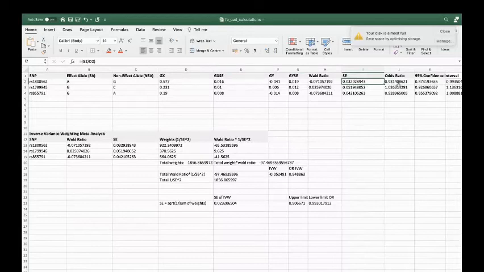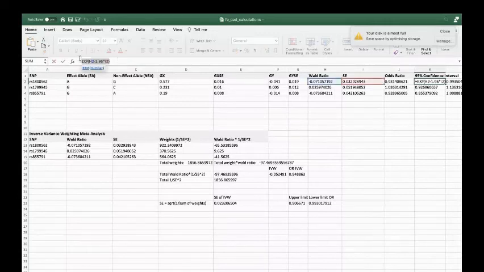And then we can calculate the odds ratio by taking the exponential of the Wald ratio. And then we calculate the 95% confidence interval by taking the Wald ratio plus 1.96 times that. And so that gives us the upper interval. And then to calculate the lower interval, we take the Wald ratio minus 1.96 times the standard error. And then at the end, we exponentiate these.